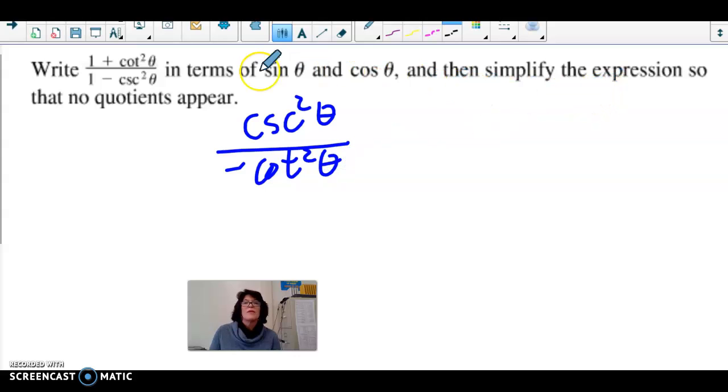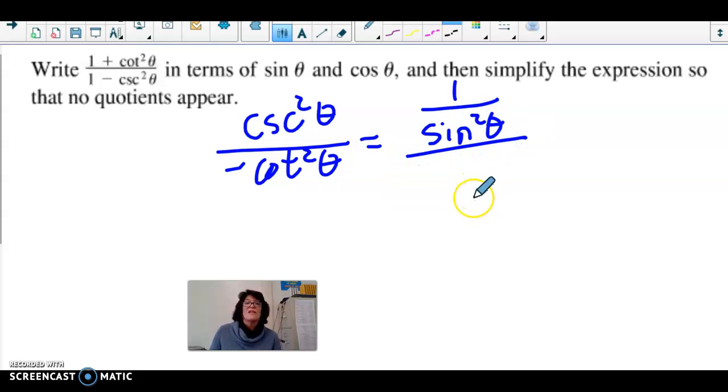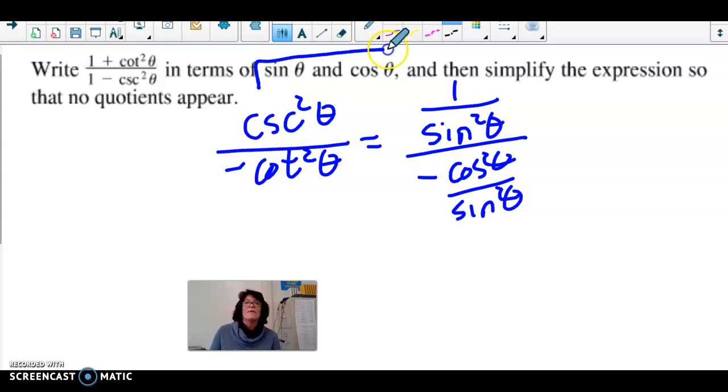Now they wanted us to express it in terms of sine and cosine. Cosecant is 1 over sine. Cotangent, what was that? Cosine over sine, right? They told me specifically to write things in terms of sine and cosine. When I divide fractions, that's the same as multiplying by the reciprocal.